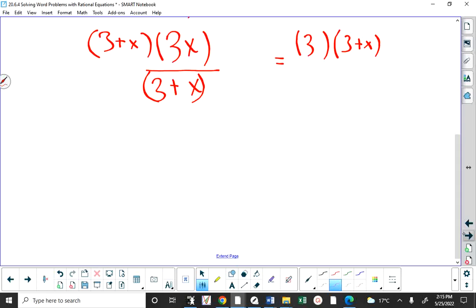So what happens, McKenna, is that cancels, and we're left with 3x equals, that cannot be right. This is supposed to be 2, isn't it?